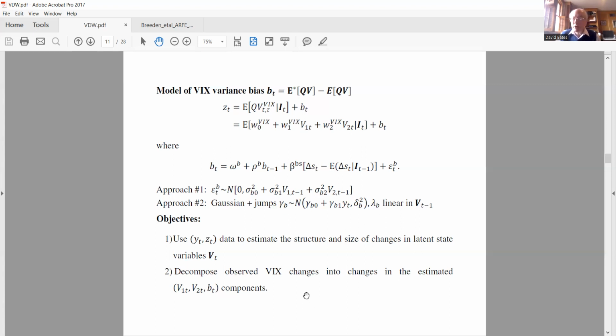So it's a decomposition. The VIX and VIX changes are being decomposed into VIX changes either because of these V's or because there's noise here. The overall filtration structure is estimating how much we can rely on changes in Z to attribute them to changes in V1 and V2, as opposed to just changes in bias.